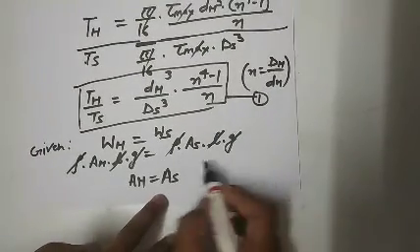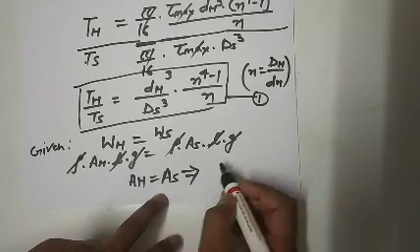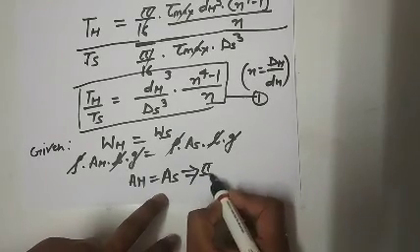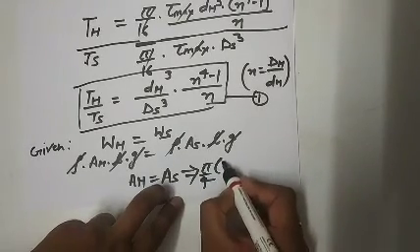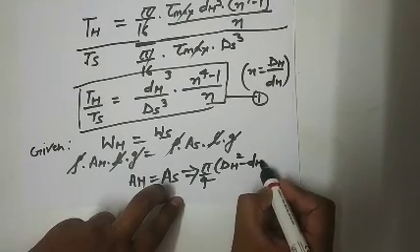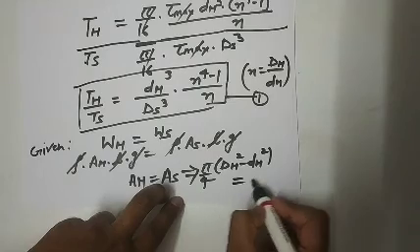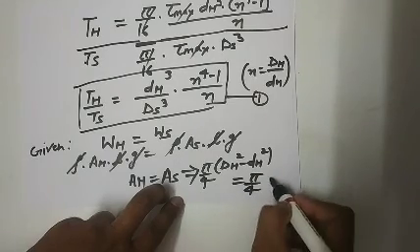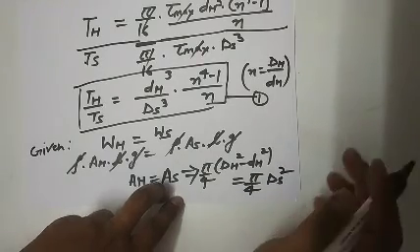If you open it, then expression will be pi by 4 Dh square minus dh square will be equal to pi by 4 ds square. Right?